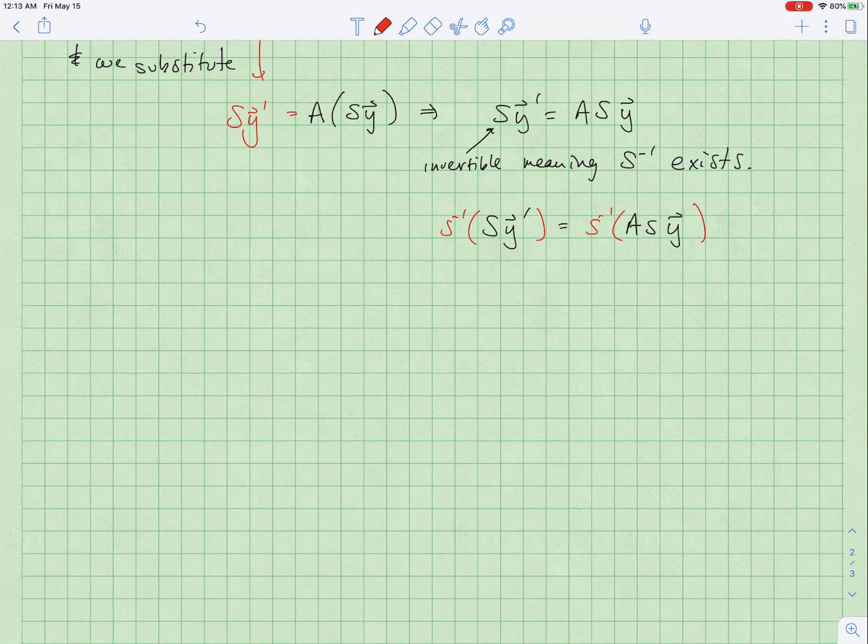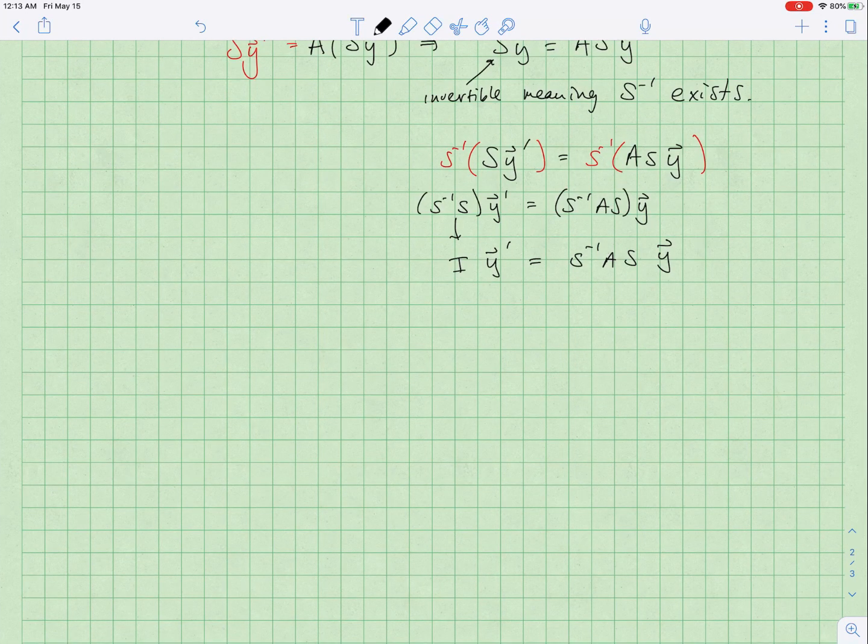Although I can't commute matrix multiplication, I can reassociate it so that this becomes S inverse S times y prime is equal to S inverse A S times y. Now, this is by default the identity matrix. And I get I times y prime, and I'm just going to rewrite this as S inverse A S times y, or y prime vector is S inverse A S y.